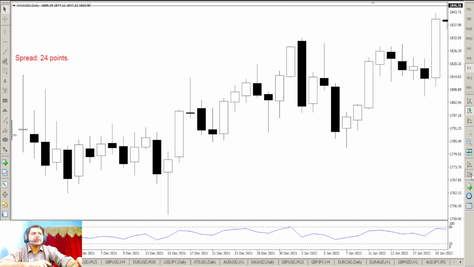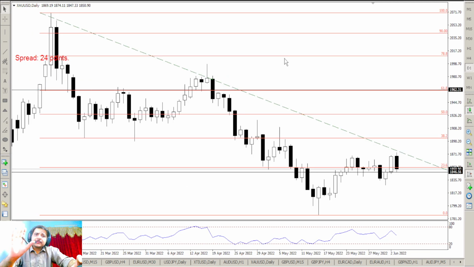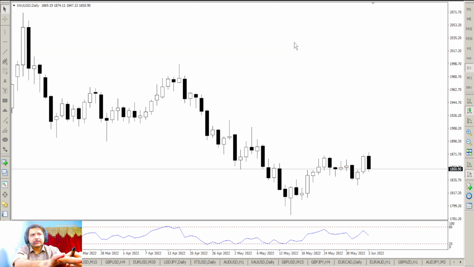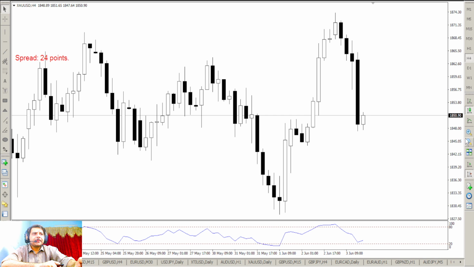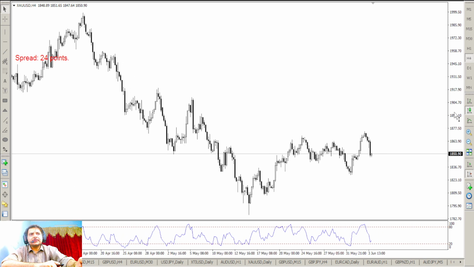So the daily situation is still the same right here. There are now two levels which I will be looking for, for long-term entry. For now, let's just delete everything and switch to the 4-hour time frame. Let's zoom out the chart a little bit and just see this one.